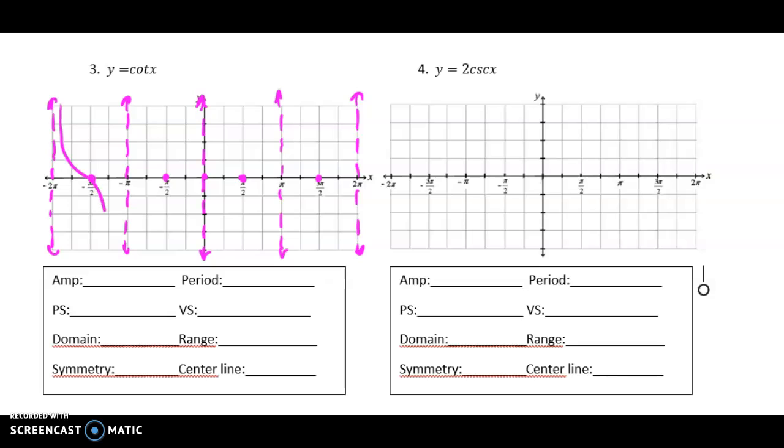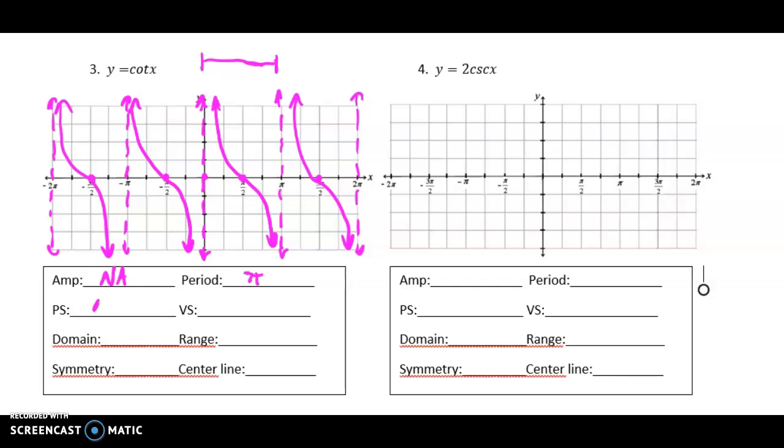It starts high and it falls as the graph moves left to right. And that is cotangent. Cotangent does not have amplitude because it goes up and down forever. The period to see one cycle is 180, so pi.